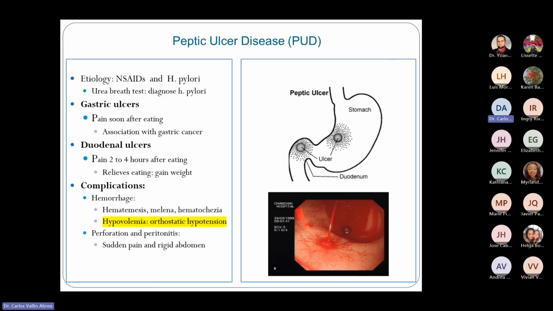I mean, the clients immediately develop a board-like rigidity and rebound tenderness. That means that when the nurse is exploring the tenderness of the abdomen, pressing is painful, but when releasing the pressure it is worse, and it's called rebound tenderness.